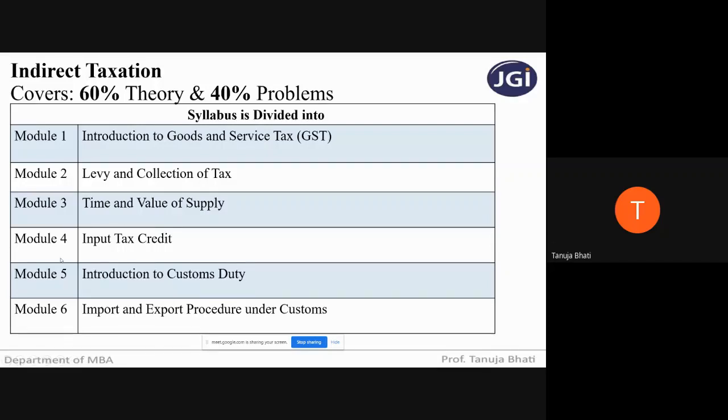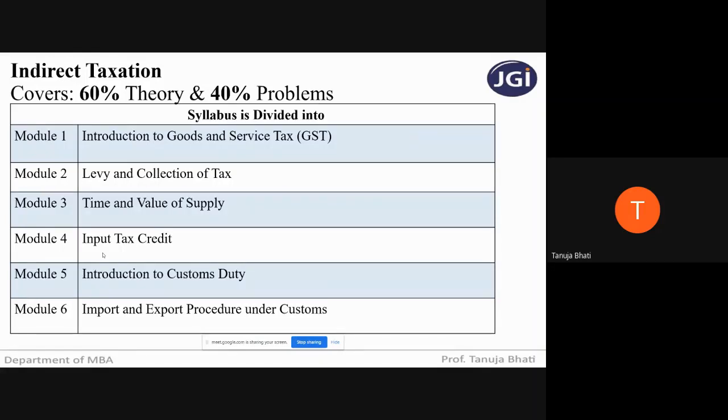Module number 4 is input tax credit. Now, what do we mean by input tax credit? We know that there are two types of taxes: output tax and input tax. Output tax is a tax collected on sales, that is, when you are selling the goods, and input means when you are purchasing the goods.